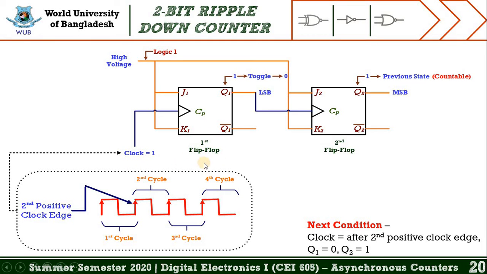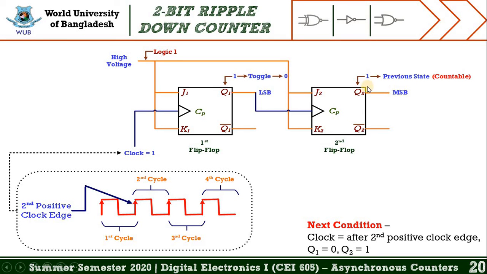If the value of clock is 1, then the first flip-flop is activated or triggered. In that case, the output value should be toggled, which means the previous value of this output is 1. That's why we get the value of output as 0 right now. Since the value of output is 0 right now, the second flip-flop is not triggered or activated.